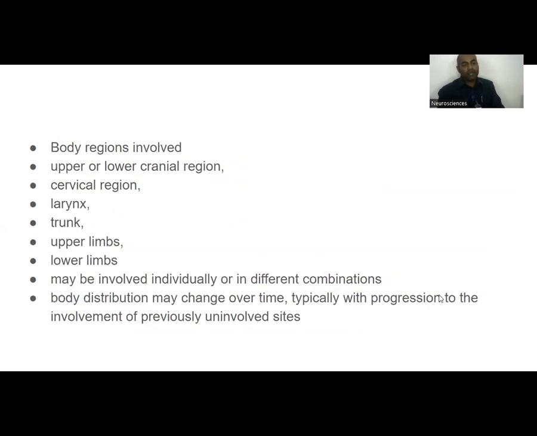These are the regions that can be involved: upper or lower cranial regions, cervical region, larynx, trunk, upper limbs, lower limbs. These regions can be involved individually or in different combinations. And the distribution can change over time, with progression to previously uninvolved sites.